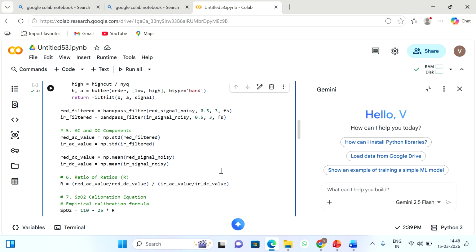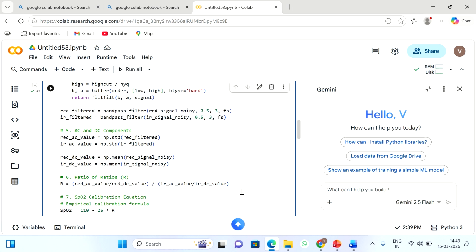And then the ratio of ratios: red AC component value divided by red DC component value, whole divided by IR AC component value divided by IR DC component value.